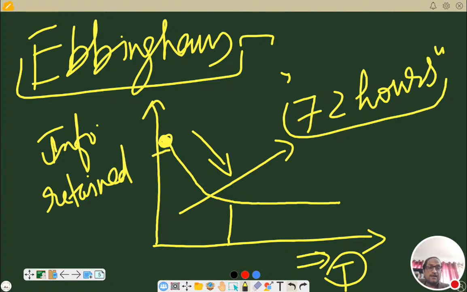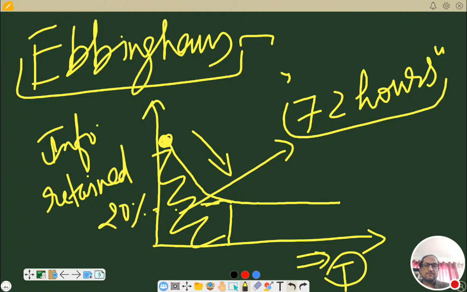Almost 15-20% remains, and that, if rehearsed, continues in this direction.